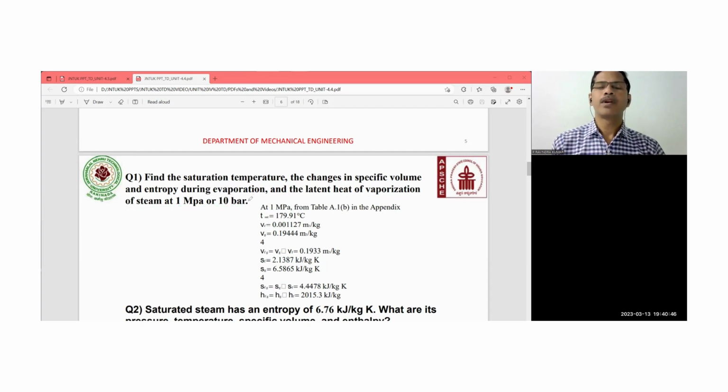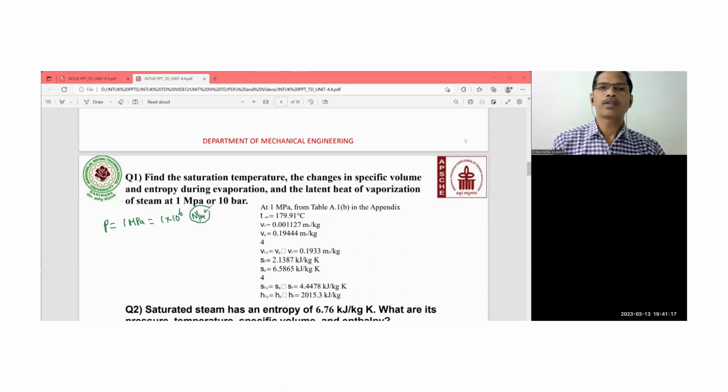1 megapascal is equal to 1 into 10 to the power of 6 Pascal, where 1 Pascal is equal to 1 Newton per meter square. So pressure is equal to 1 megapascal, that is equal to 1 into 10 to the power of 6 Newton per meter square.